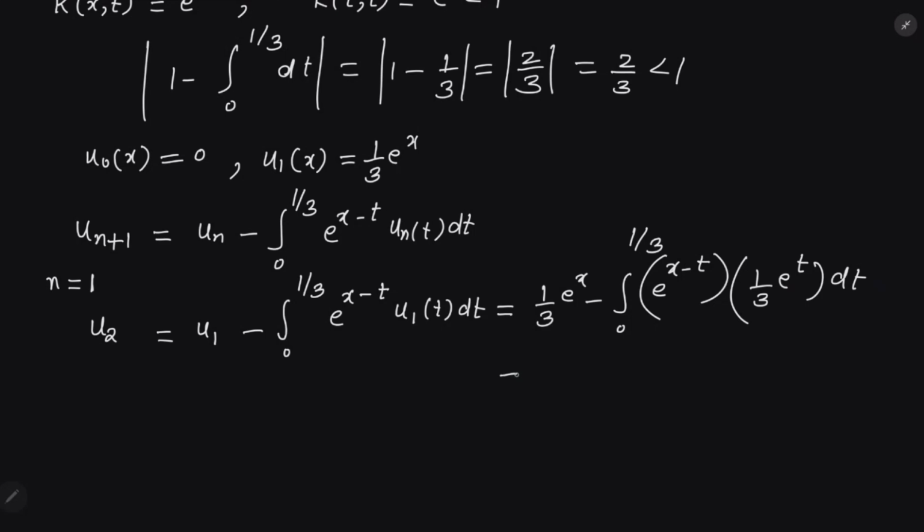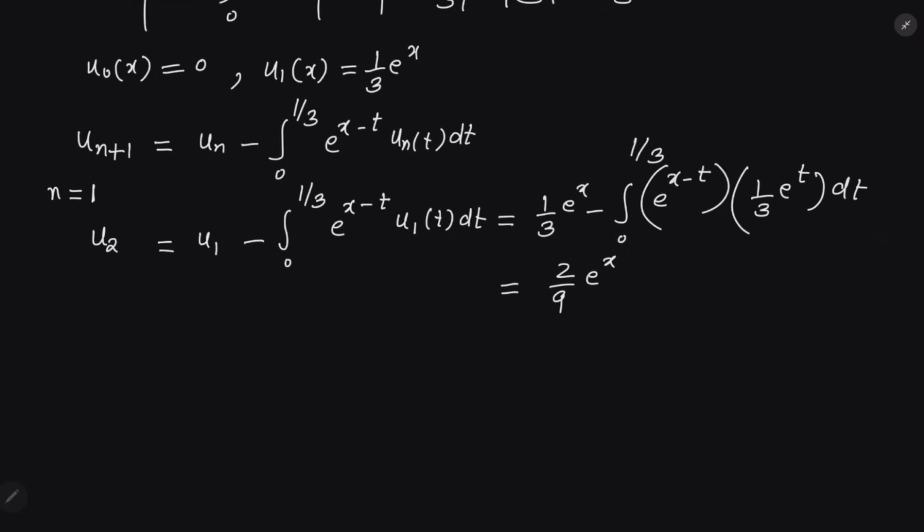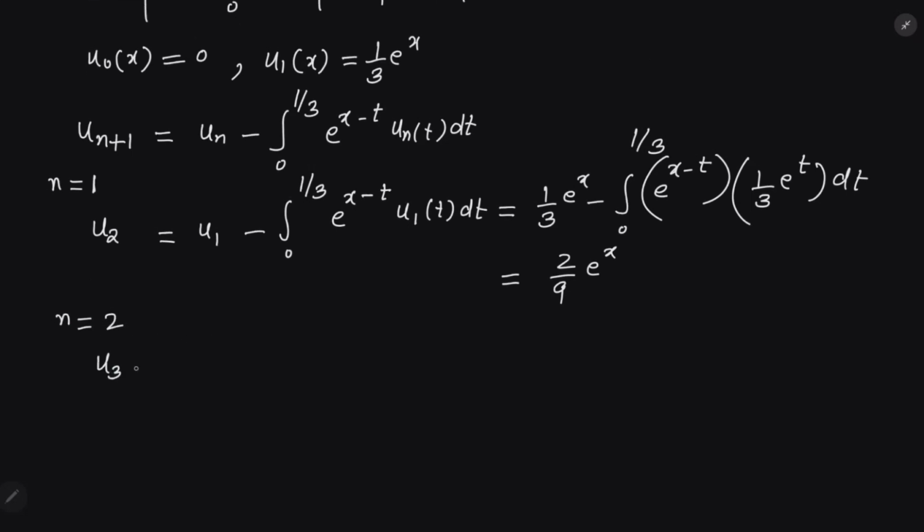We get 2 by 9 e raised to power x. Similarly, when we put n equal to 2, you get u3 equal to u2 minus integral 0 to 1 of 1 by 3 e raised to power x minus t u2(t) dt, which is equal to 4 by 27 e raised to power x.